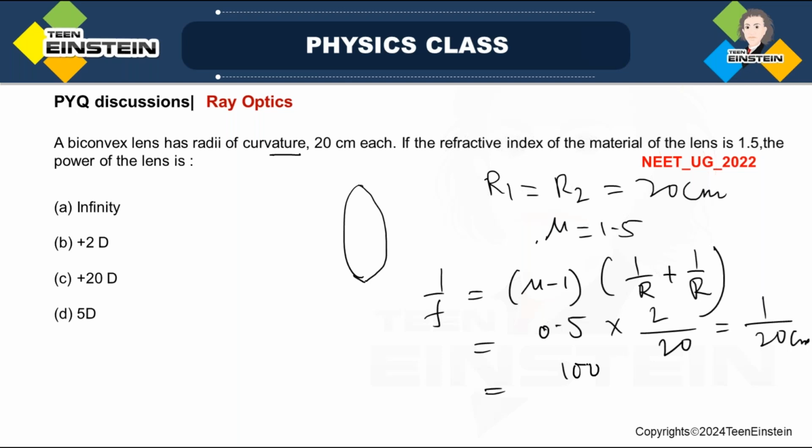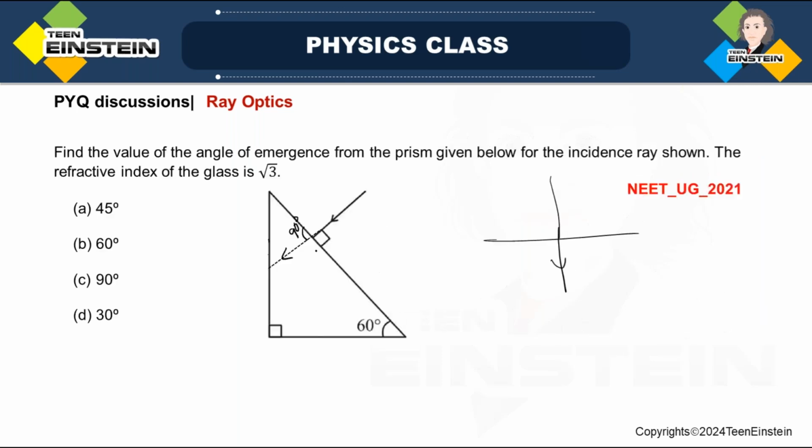Let me show you. So this is suppose a refracting face, and this is another refracting face. You look here, what is happening. See, this is actually normal incidence. So in any case, normal incidence, it will actually pass through normally.